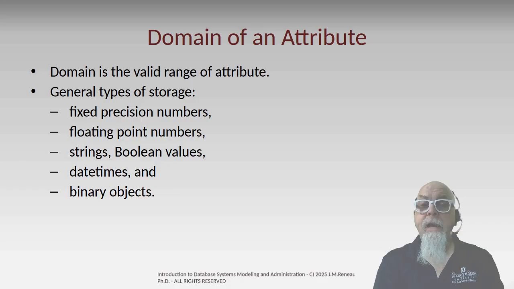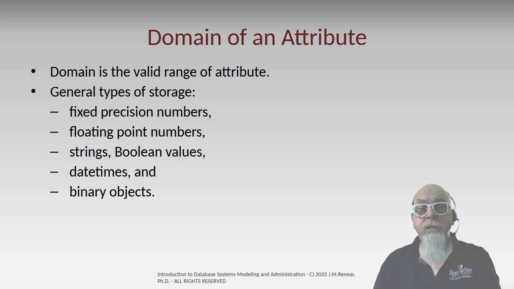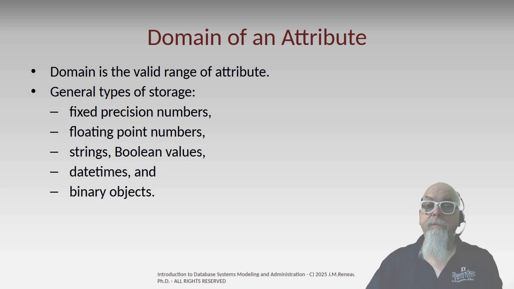In most modern databases, though, they're going to be stored in these general types of data, or domains of data, built into the database. And those are fixed precision numbers, floating point numbers, strings, Boolean values, datetime values, and binary objects.